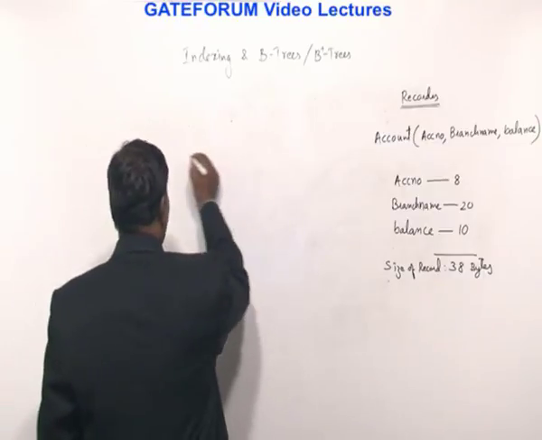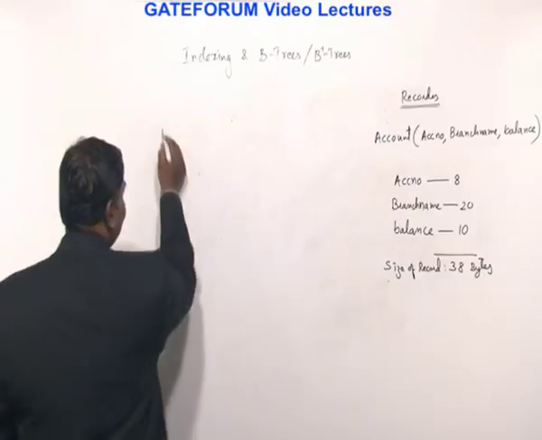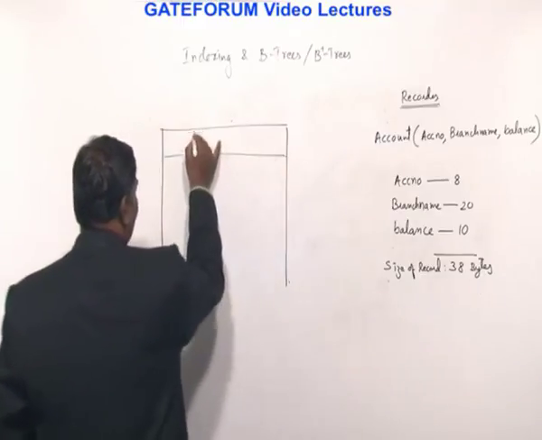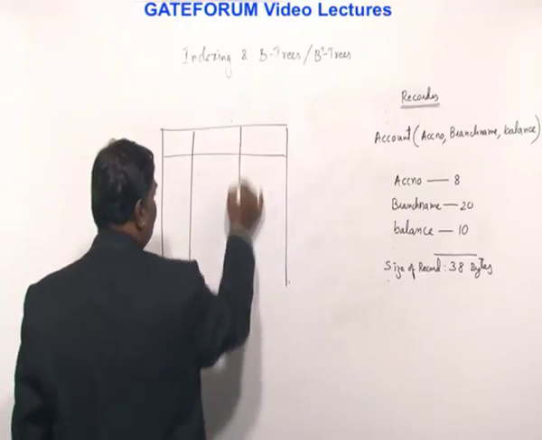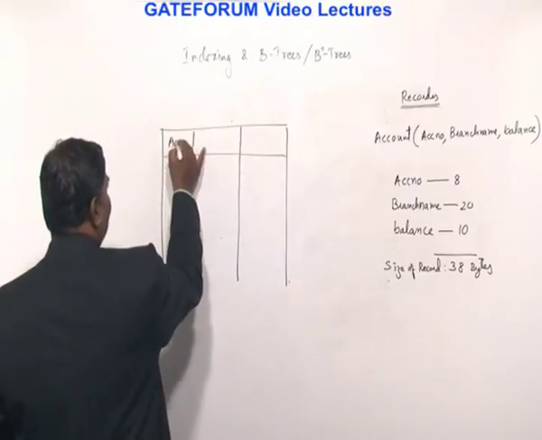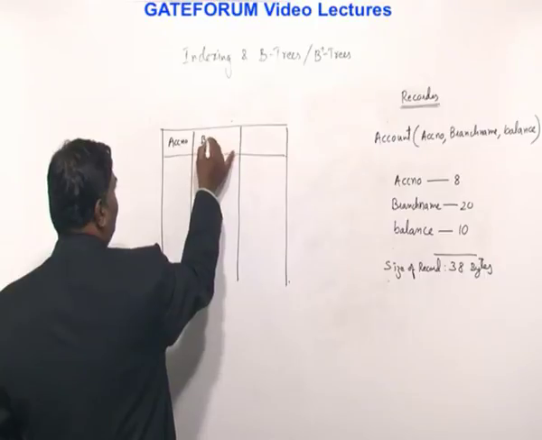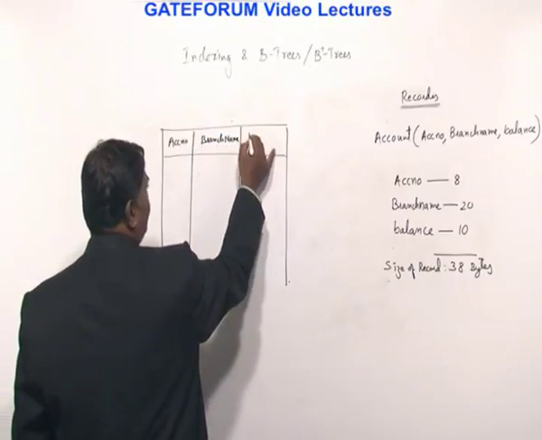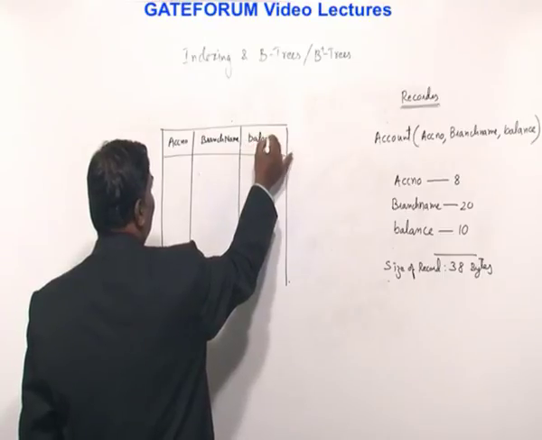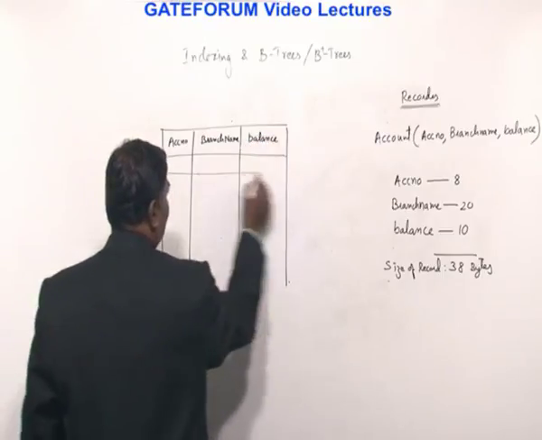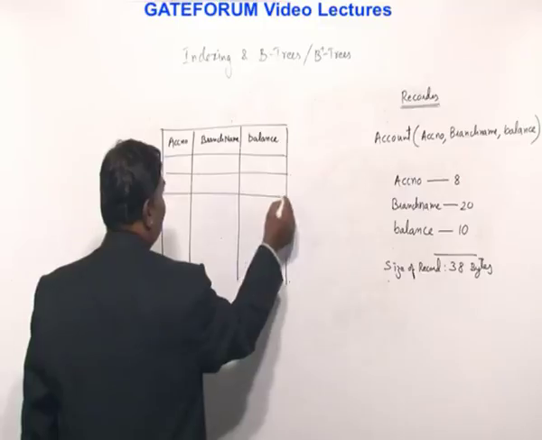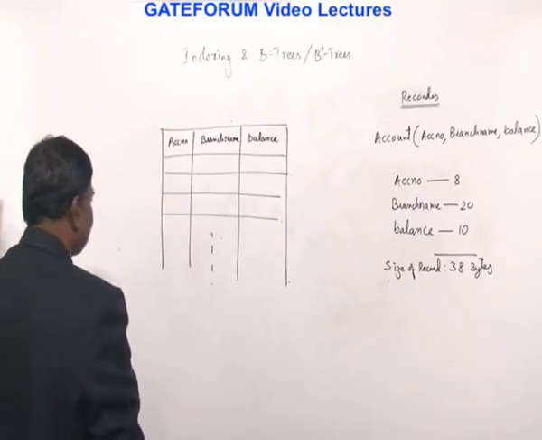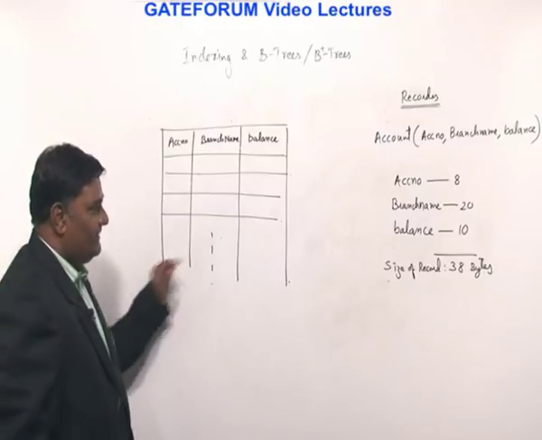Now when we see some table, an instance of this one, account number, branch name and balance. This is one record, next, goes on. Now let us see.